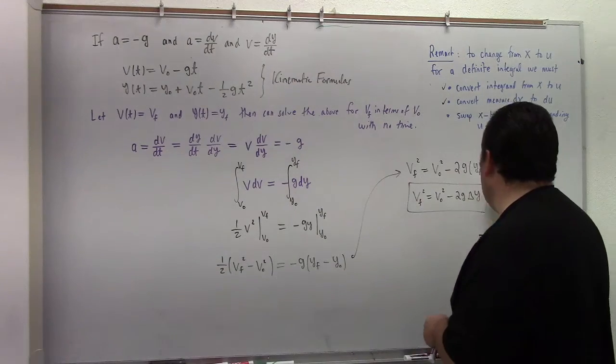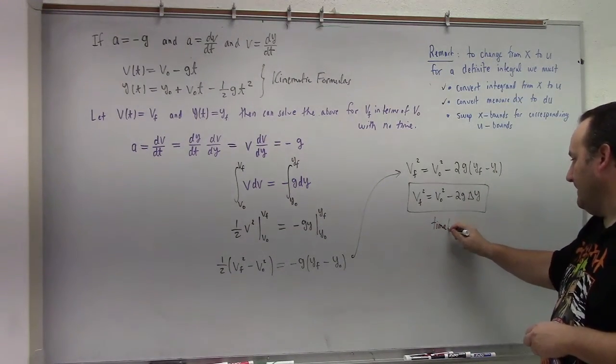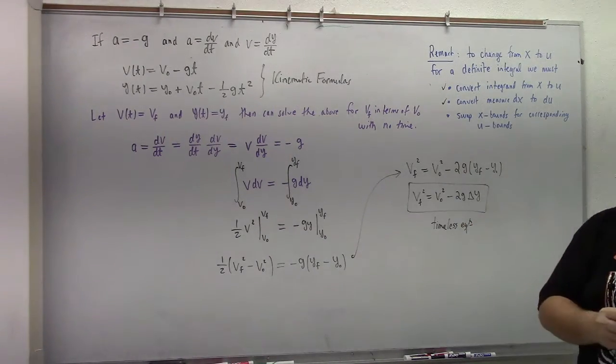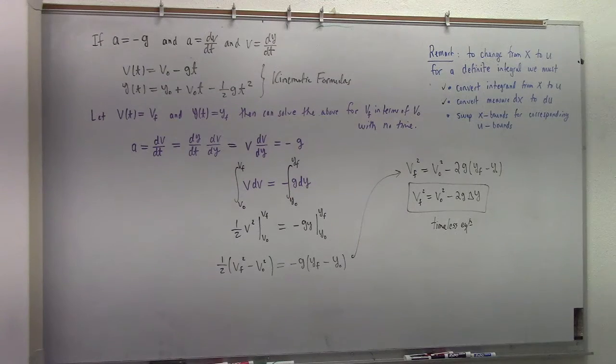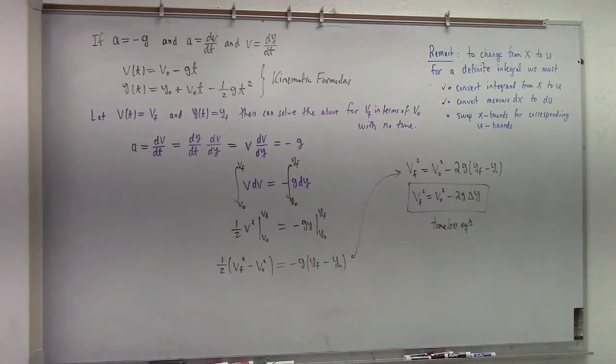So this is sometimes called the timeless equation because it's got no time. Again, you could derive it algebraically by solving the top two equations I wrote, eliminating time, but we just used calculus to derive it directly through a sneaky chain rule argument.